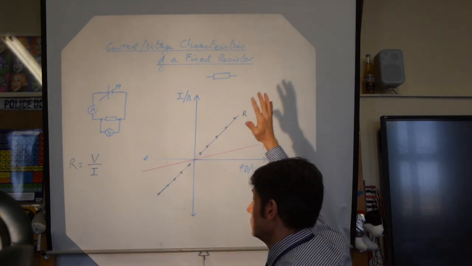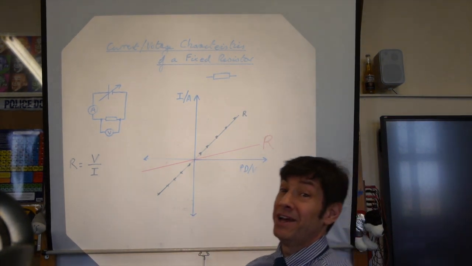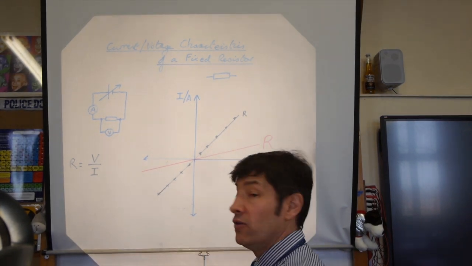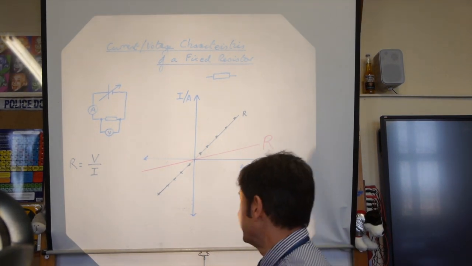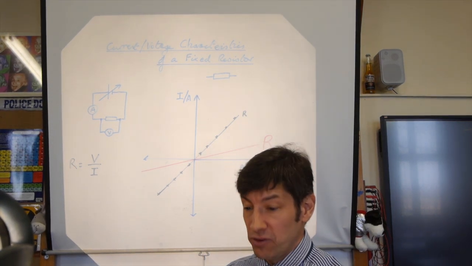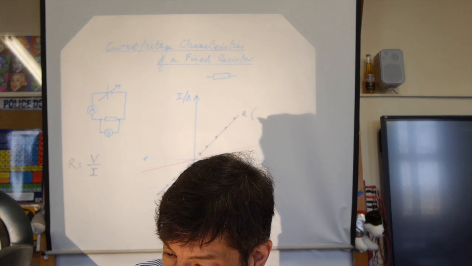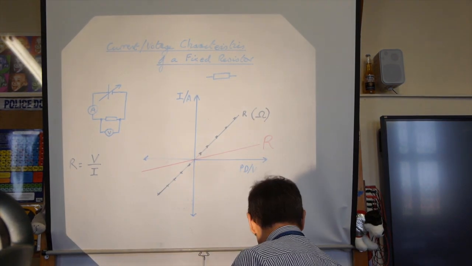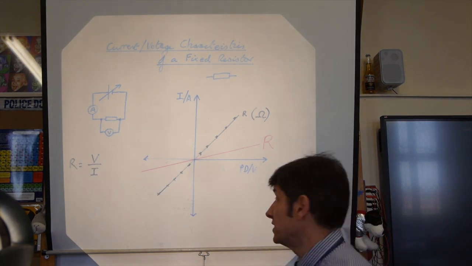And if you do that on your table, here's the spoiler. With the data that we got today, I'm pretty hopeful, if I pick the right fixed resistor, that you will get 10. And remember that the resistance is always measured in ohms. So, this is a fixed resistor.